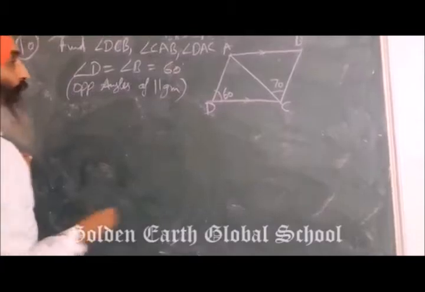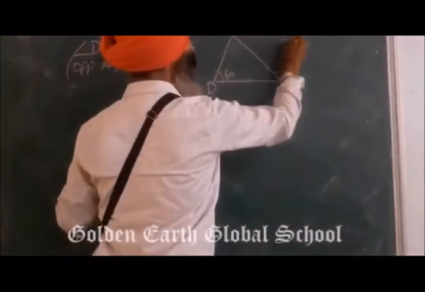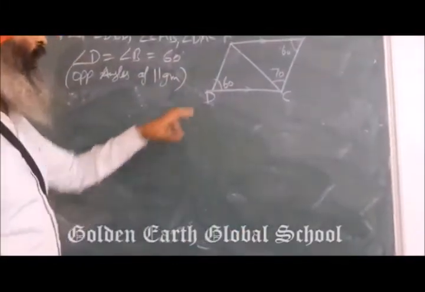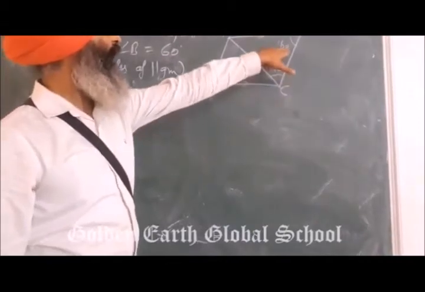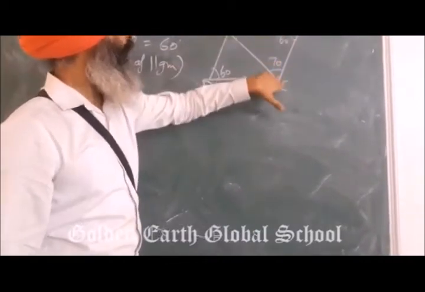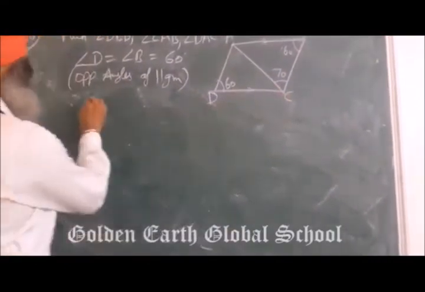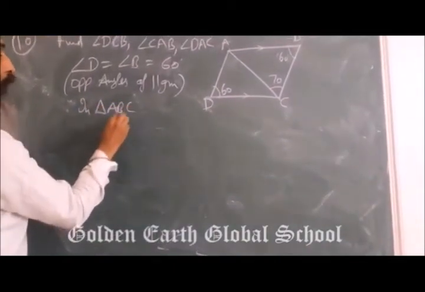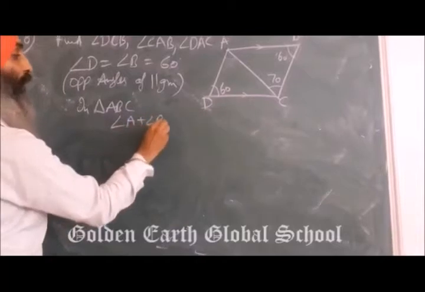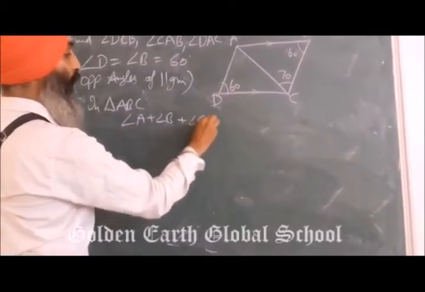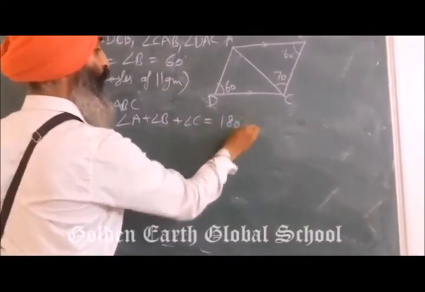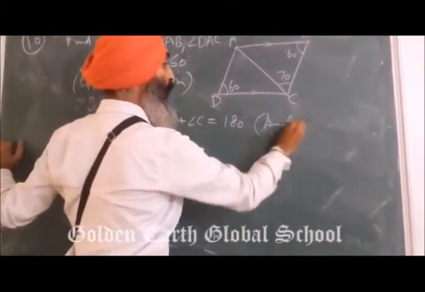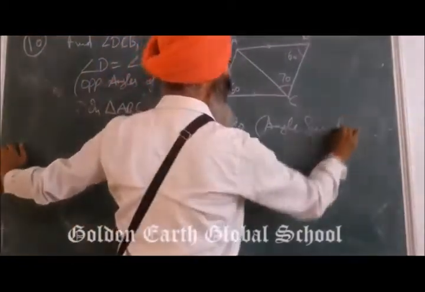Now you know that this is 70, this is 60, and ABC is a triangle. In triangle ABC, you know that the sum of all three interior angles of a triangle is always 180. Angle sum property, you know.